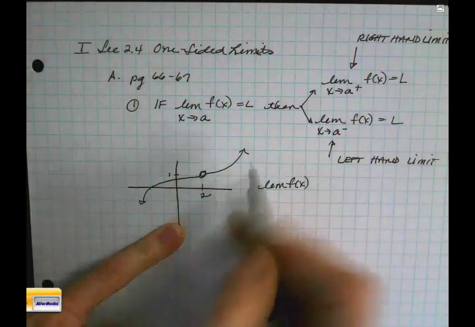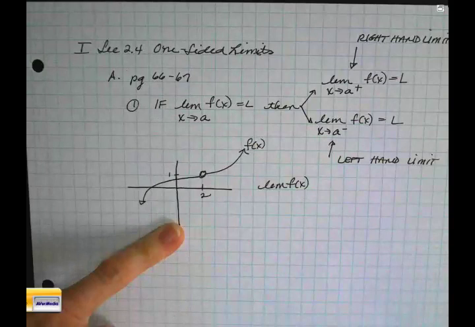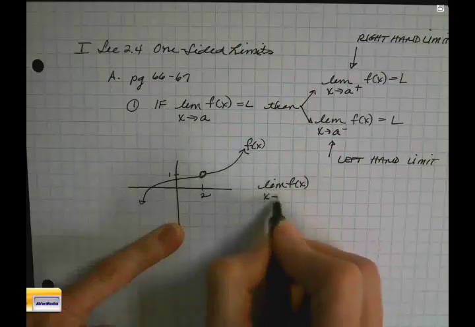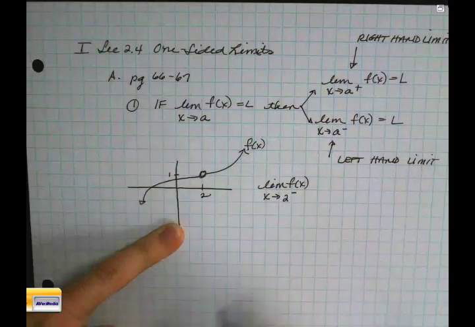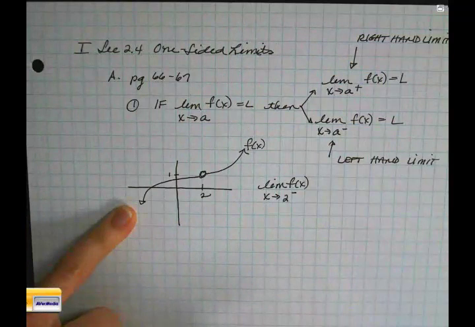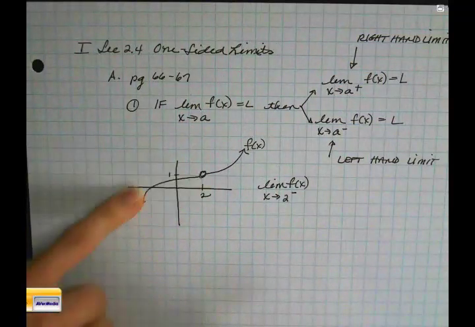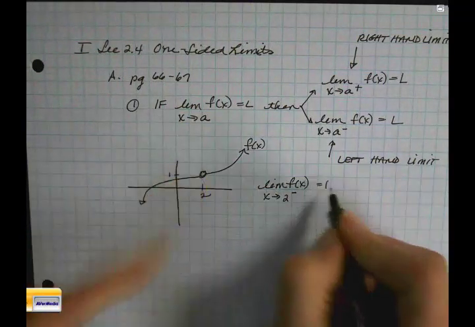We don't know what the algebraic representation of this function is, so we'll just call it f of x. What is the limit of f of x as x is approaching 2 from the left side? That's what the question is saying. Well, if you're coming from the left, how high is the graph as we get close to 2? It's 1.